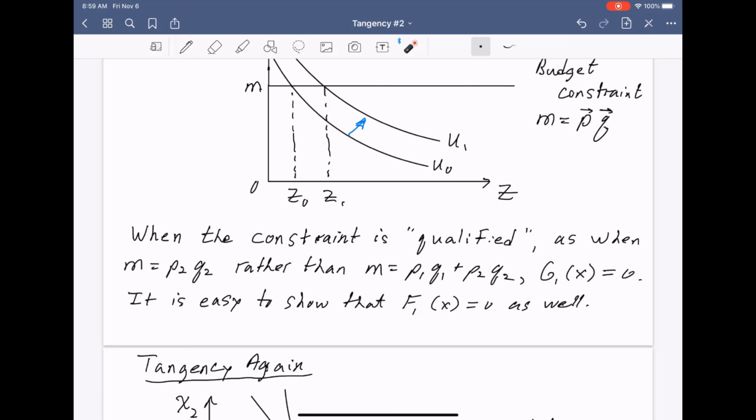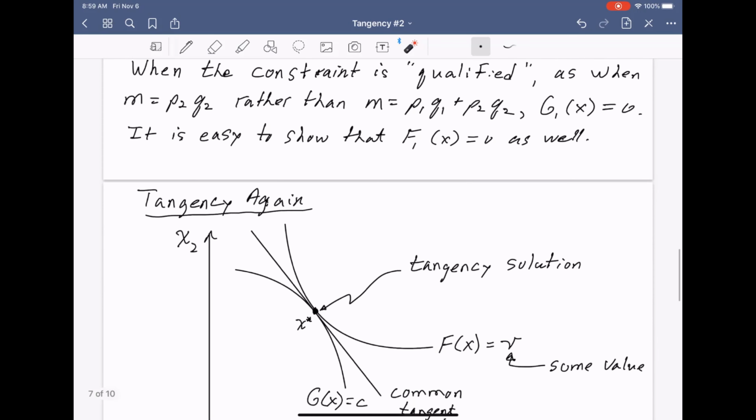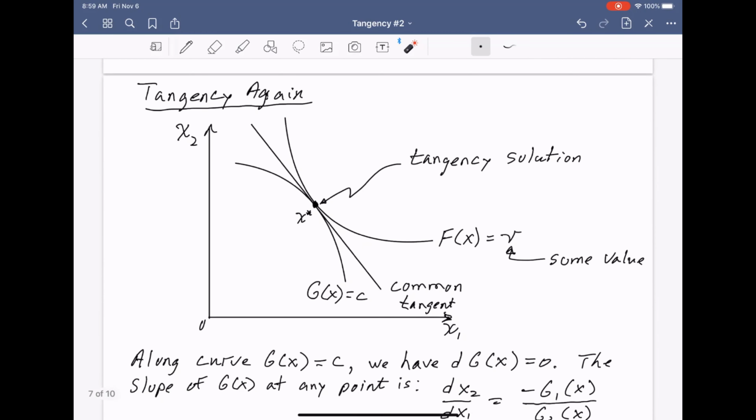So in other words, the partial of the constraint with respect to X1 is equal to 0 because of the P1 being 0, while the first derivative of the objective function with respect to X1 is 0 as well.